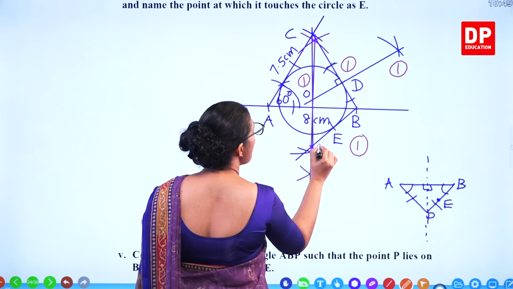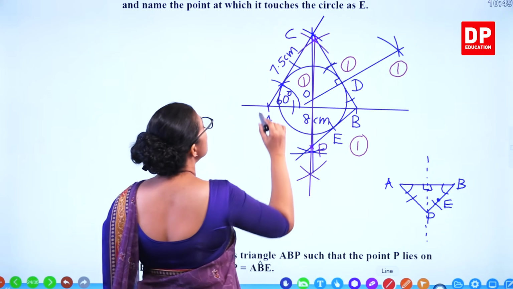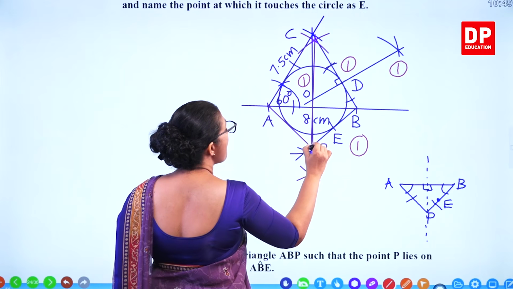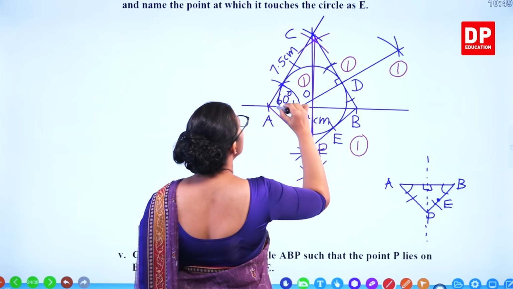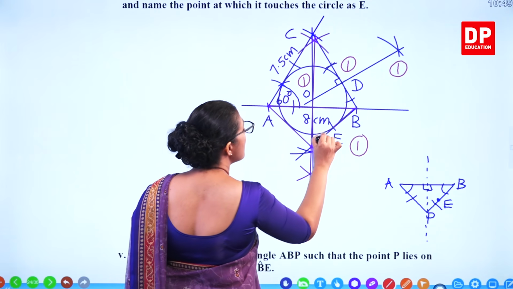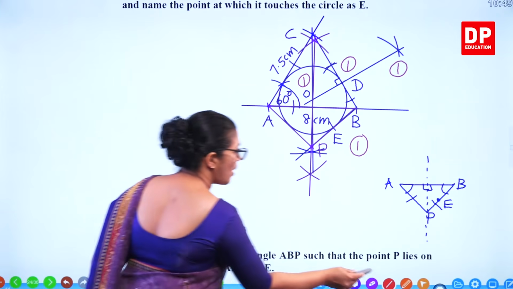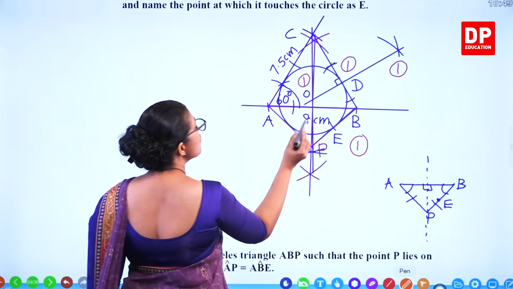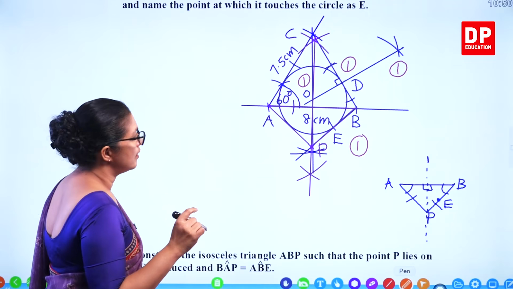So this is P. Now you can draw the APB triangle. So that's the ABP triangle. In that one, these two lengths are equal and these two angles are equal.